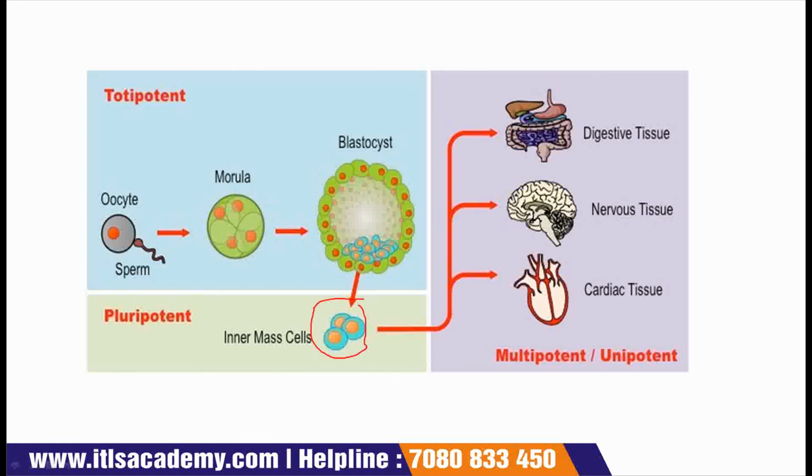This inner cell mass can form digestive tissues, nervous tissues, cardiac tissues, and many more types of tissues. So this pluripotent cell forms the inner cell mass. The inner cell mass can give rise to almost all types of cells except the trophoblast.